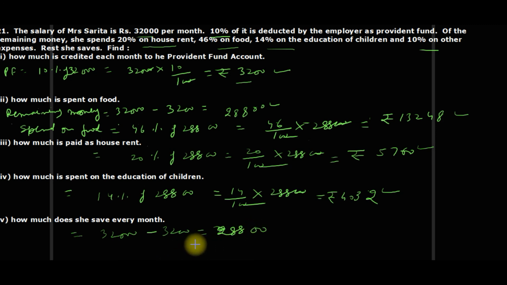Now 28800 minus 13248 minus 5760 minus 4032.